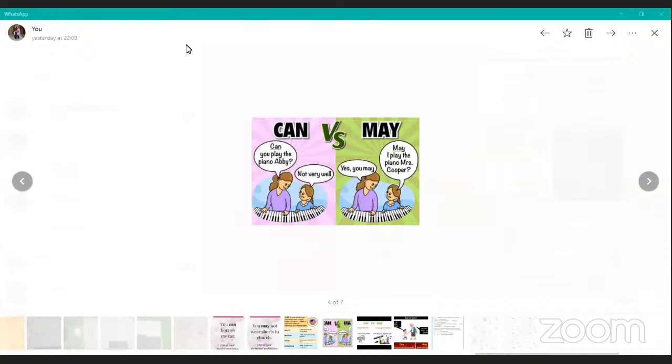May I go to the washroom? May I go to the canteen? So you can use these 2 modals in your speech, to get permission and to show your ability.